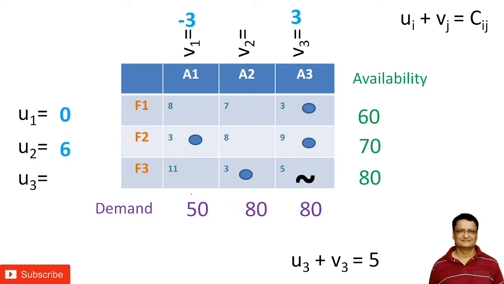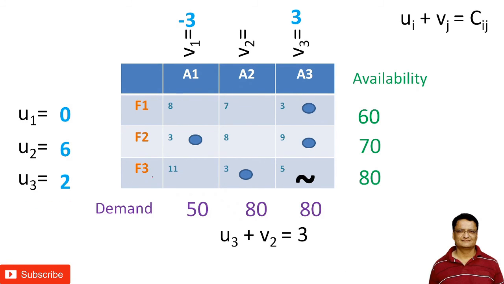The next thing we will look at is this cell, the cell having the Cij value or cost value as 5, and the corresponding variables are u3 and v3. We know the value of v3, and the corresponding value of u3 becomes 2.